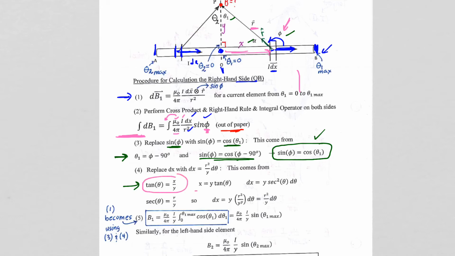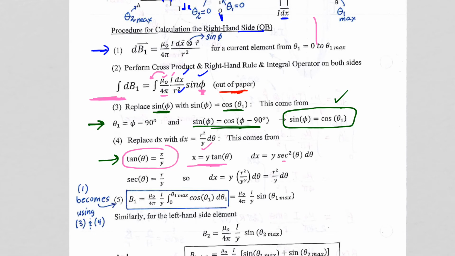When we solve that for x equals y tan theta, if we take the derivative, dx d theta, we get y secant squared theta, so dx equals y secant squared theta d theta.